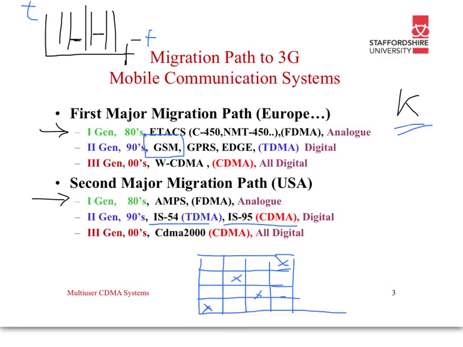So IS-95 is the first instance of CDMA. In CDMA, each user is given a separate code which is orthogonal to one another. We will show what orthogonality is.